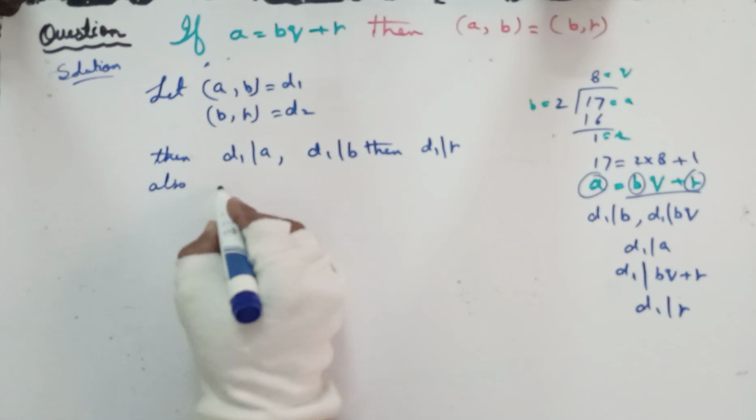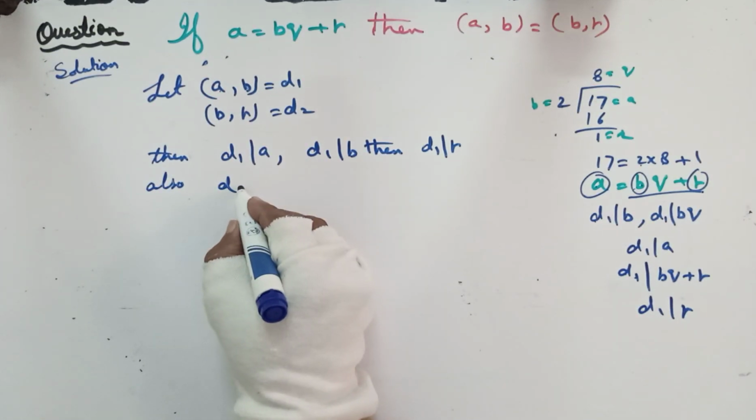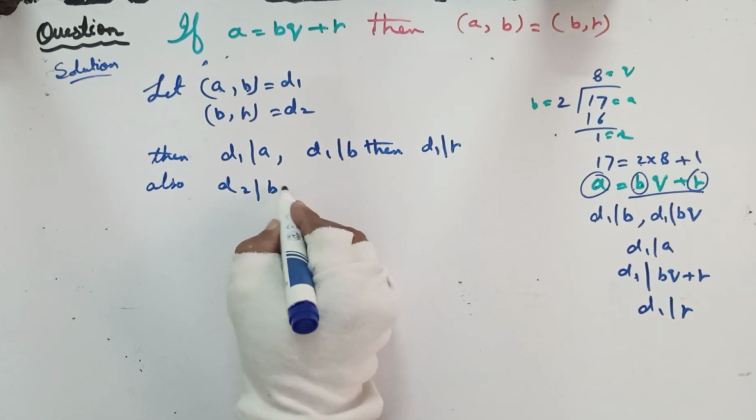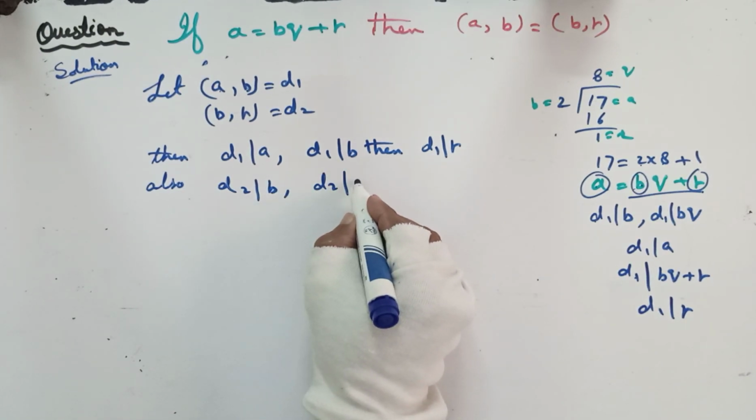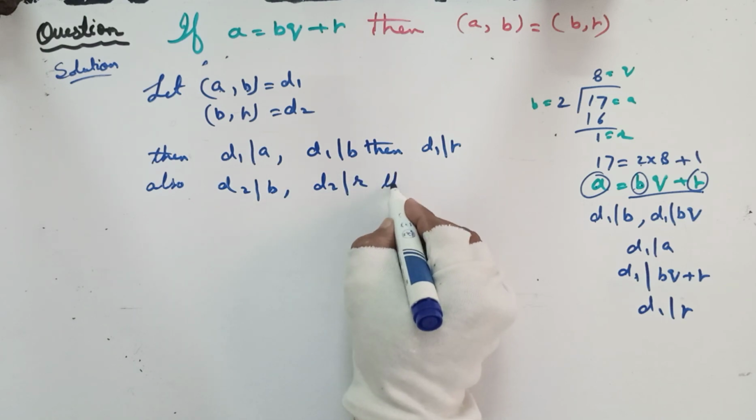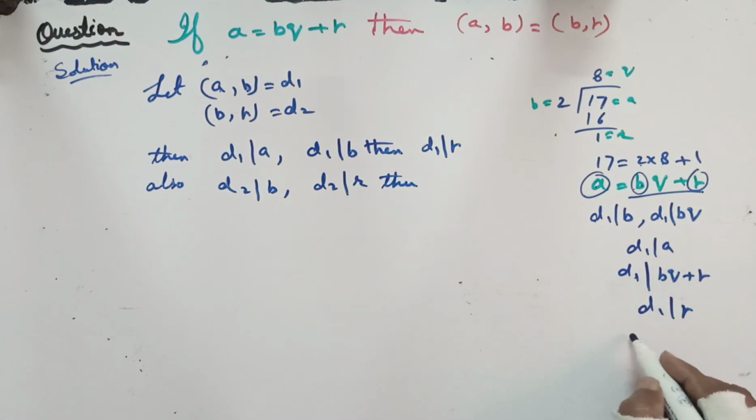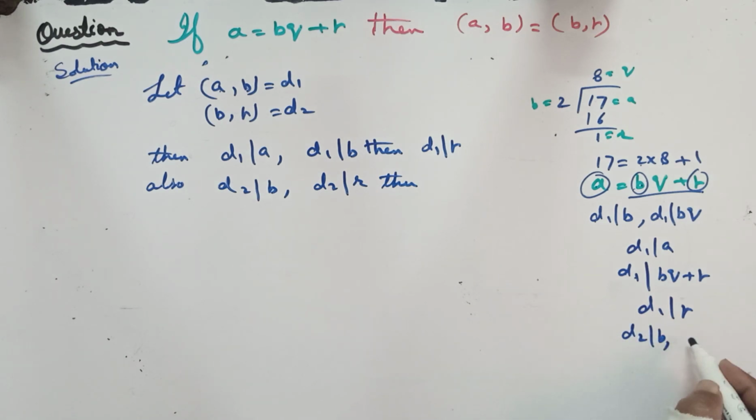Also, just like that, I can write that D2 divides B and D2 divides R. If D2 divides B, then D2 divides BQ. And if D2 divides R and BQ, then D2 divides BQ plus R, because their sum is also divided by D2.